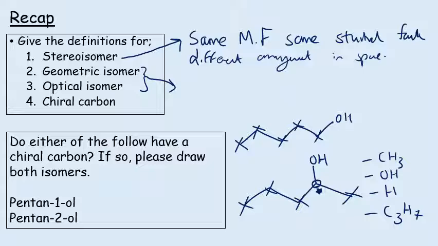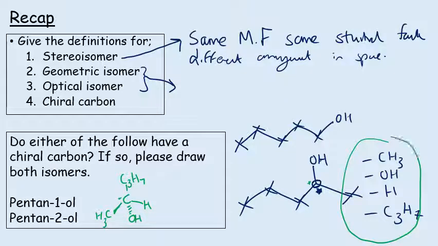So I draw my carbon as a tetrahedral. There we go. So this now is my chiral carbon here. I'm going to draw the 4 groups. Again, it doesn't matter, I can randomly draw. I know my 4 groups: OH, H, C3H7, and a CH3. It does not matter where I place those 4 groups, as long as I place the correct 4 groups on that molecule.